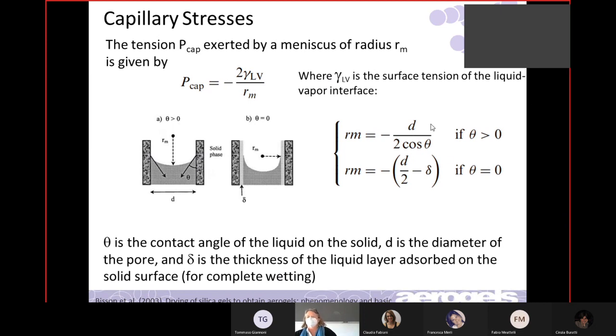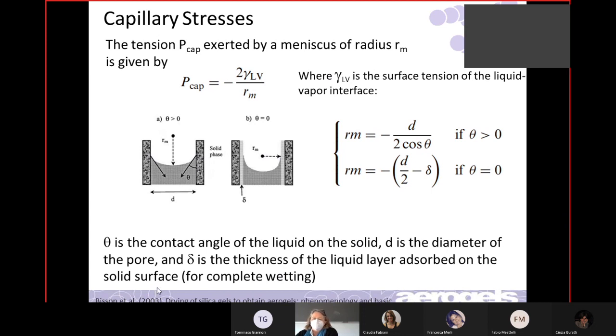If your surface is already wetted, right? So we've got the solvent all along the surface, and maybe that surface has a thickness delta. And then Rm is just the pore diameter divided by 2 minus delta for theta equals 0. So again, theta is the contact angle of the liquid on the solid. D is the diameter of the pore.